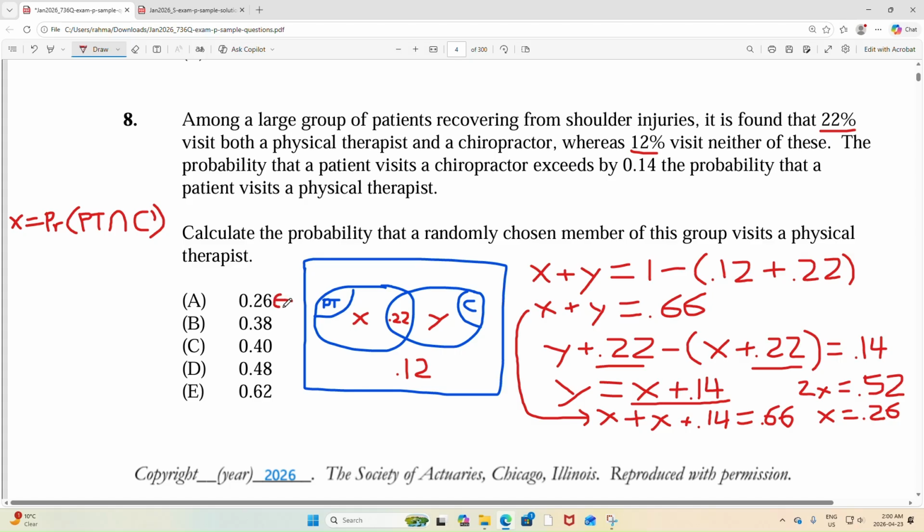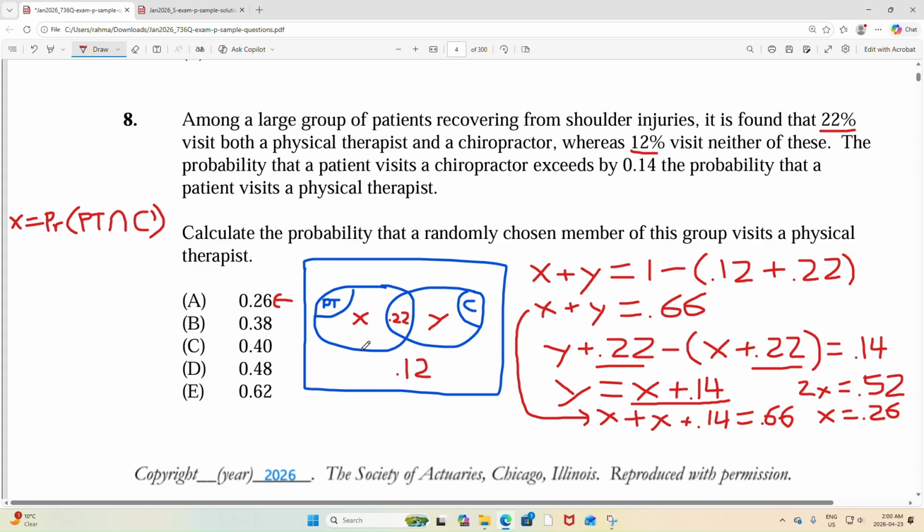Now, one thing I want to mention is here you see a 0.26. One of the things that you may notice about these exams is often in the answer choices we're given, there's a lot of answers that look like they may be correct, but it's actually a bit of a trap answer and it's not correct. In this case, we want to know the probability that a randomly chosen member of the group visits a physical therapist. Well, remember, these are non-overlapping regions, the X and the 0.22.